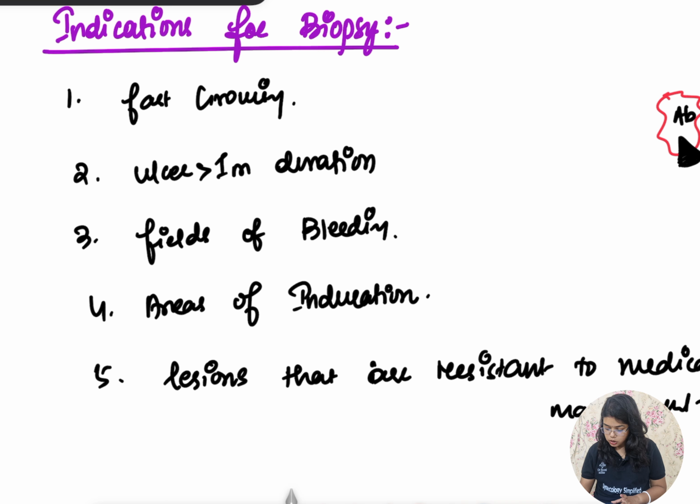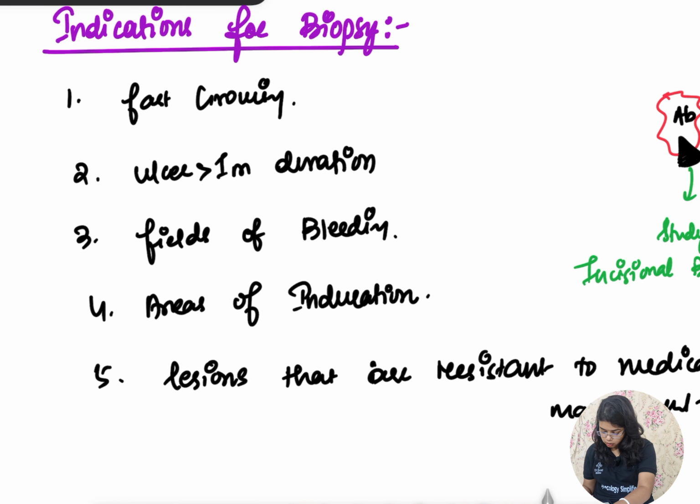So we take a chunk including both abnormal and normal, and that is sent for study. That is the incisional biopsy, so that we can know the invasion and proper or definitive treatment can be done.